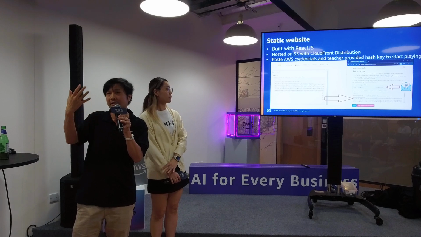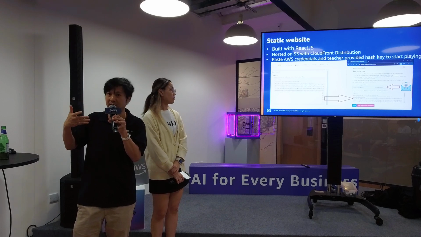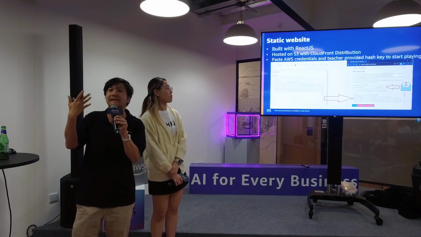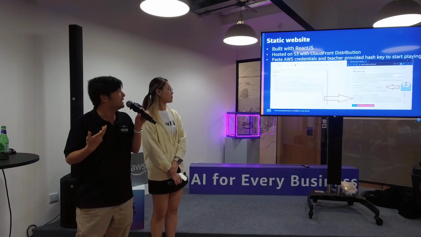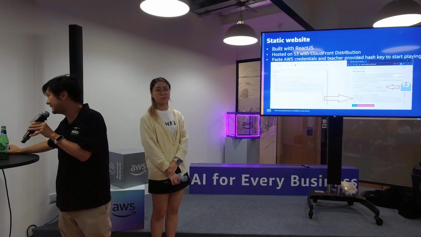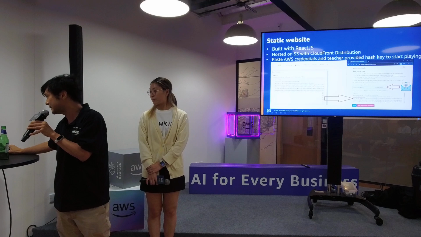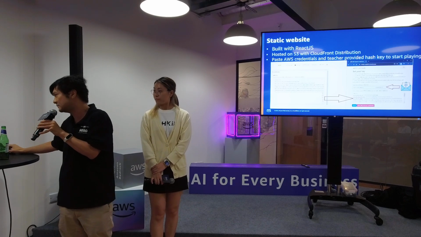So we need to let our students keep updating the token if they want to play the game, so that we can access their AWS account. It's a very simple React application, but we use CloudFront to speed up the download, and then we save the credential.